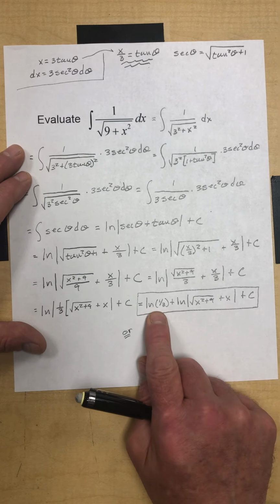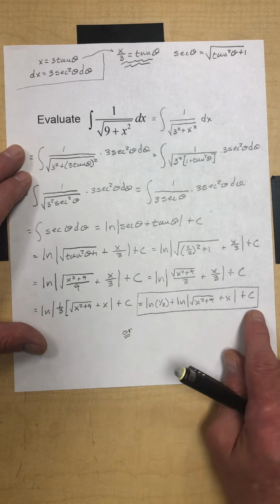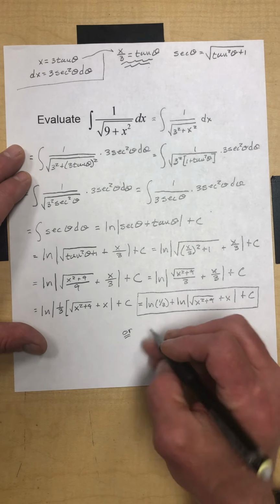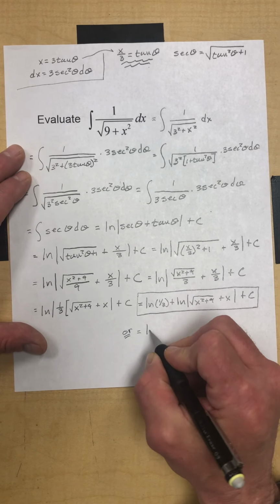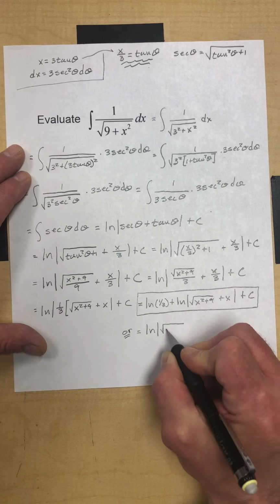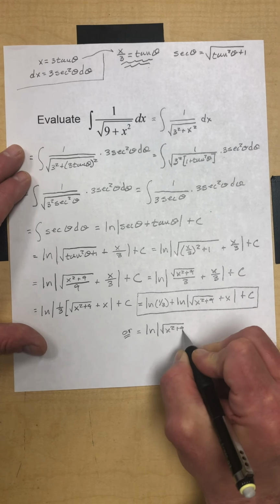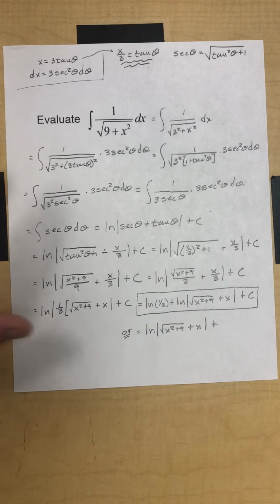So obviously, the natural log of 1/3 and whatever this constant is are similar terms. We just don't know what that constant is, but we know we can add constants. So you will see a lot of times this answer written as the natural log of the absolute value of the square root of x squared plus 9 plus x, plus some constant of integration.